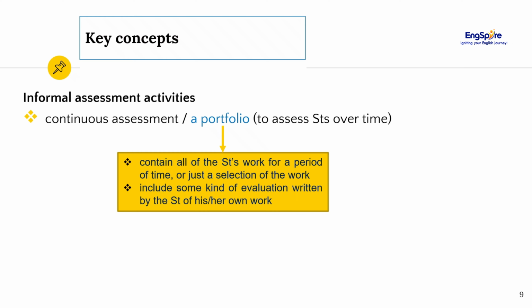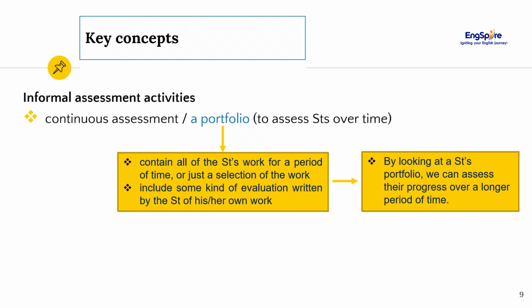By examining all of these pieces together, the teacher can see how much the student has improved over time. For example, imagine an English learner. The student writes a paragraph with many grammatical mistakes in the first month of the course, let's say in September.